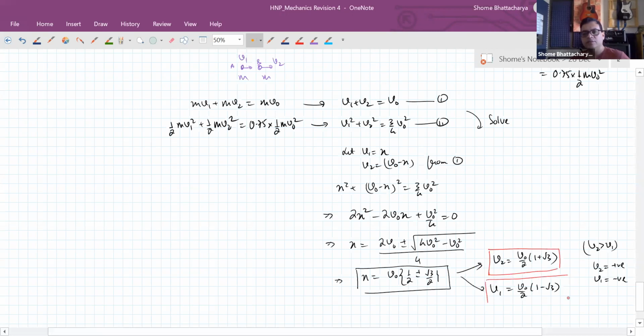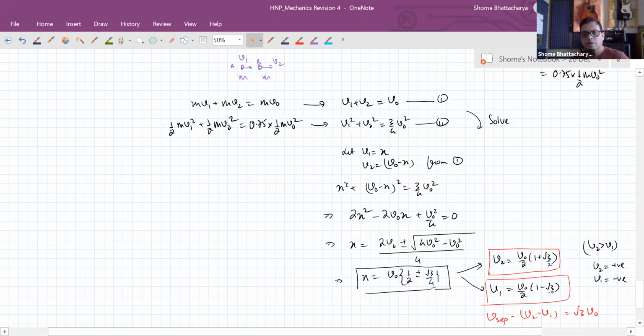And now from this, we can calculate the coefficient of restitution. So we can see that separation velocity, which is V2 minus V1, will become root 3 times, oh sorry, I made a mistake here. This is by 4. This is by 4.